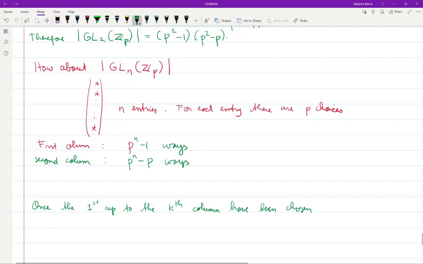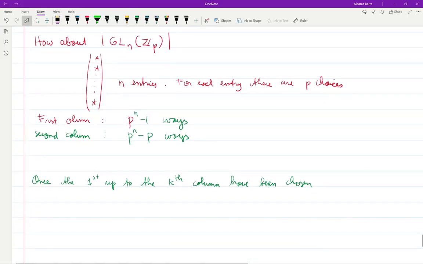We want to make sure that the (k plus 1)th column is linearly independent of the first k columns, so we are not allowed this column to be a linear combination of the first k columns. So we need to calculate the number of linear combinations of the first k columns.